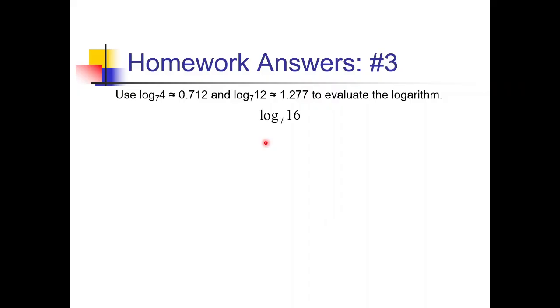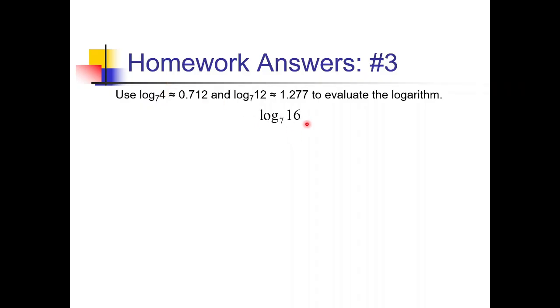For this one, we're trying to figure out log base 7 of 16 using these predefined values up here. So how does 16 relate to 4 and 12? Well, 16 is 4 plus 12. That's kind of an obvious one. Unfortunately, there's no rule for splitting up two things that are added together. So I have to turn this into either a product, a quotient, or a power. Thinking a little bit deeper here, 16 is 4 squared.